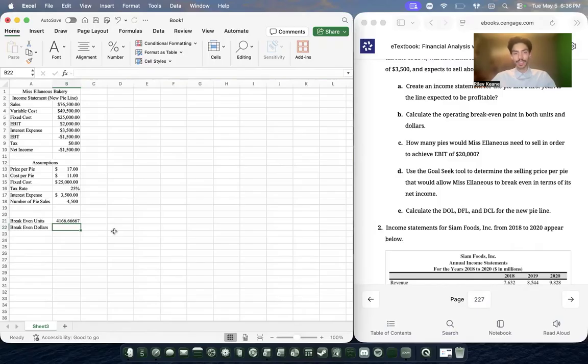We're just below breaking even, and at 4,167 pies, we have just gone over breaking even or started making profit in the operational section alone. So I'm going to leave this as 4,166 and 6 repeating so that we know it's not a full number of pies, but in between.